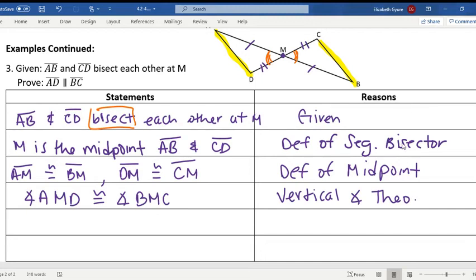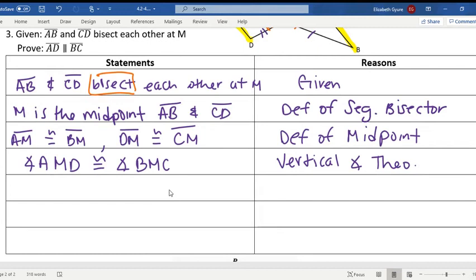All right. Now I have my 2 sets of congruent sides. I have my set of congruent angles. Are we good to say the 2 triangles are congruent? No? Do we have enough information? Yeah, for the triangles, we do have enough information. We're not quite done with the proof, but we can now say that triangle AMD is congruent to triangle BMC, and I don't care what order you say those in as long as your corresponding parts match up.